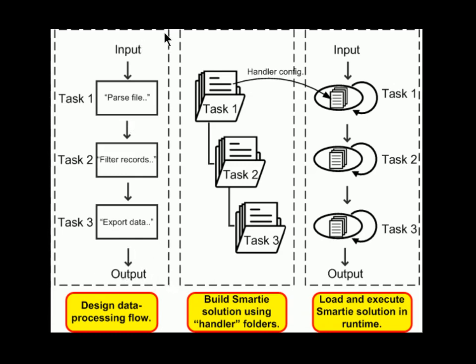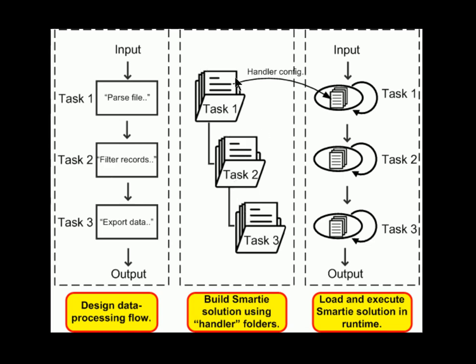For using Smart Integration Express to build a process or interface automatically, you will use handler modules, which are actually folders. You stack the folders up, and for each folder you specify the task you want to do.